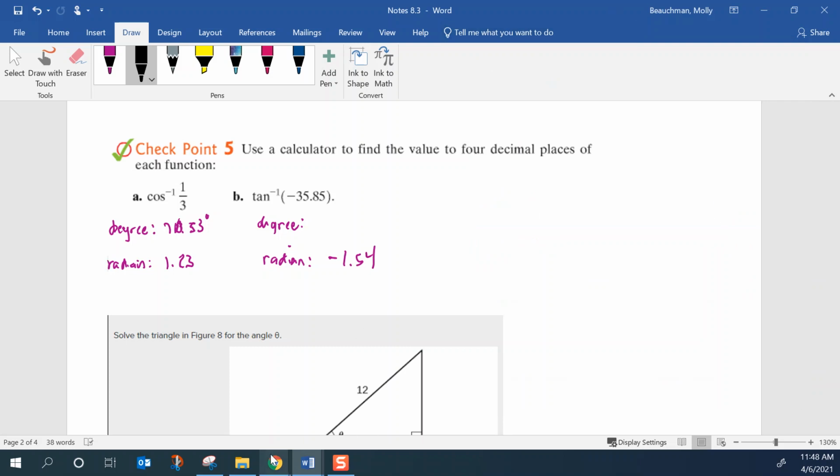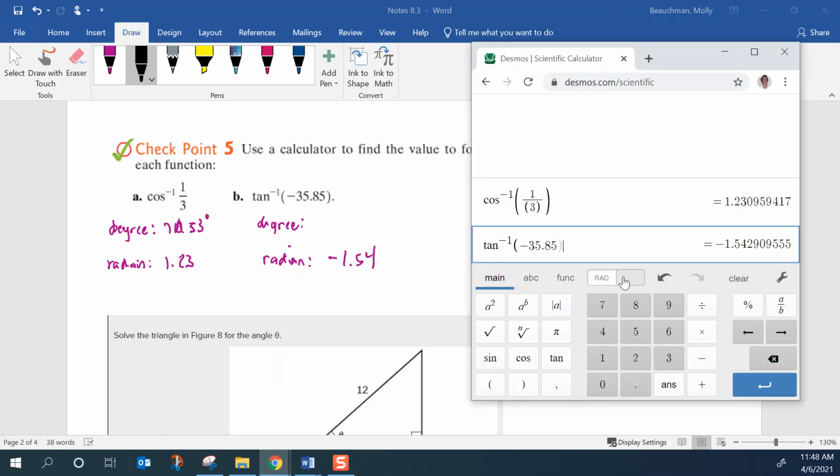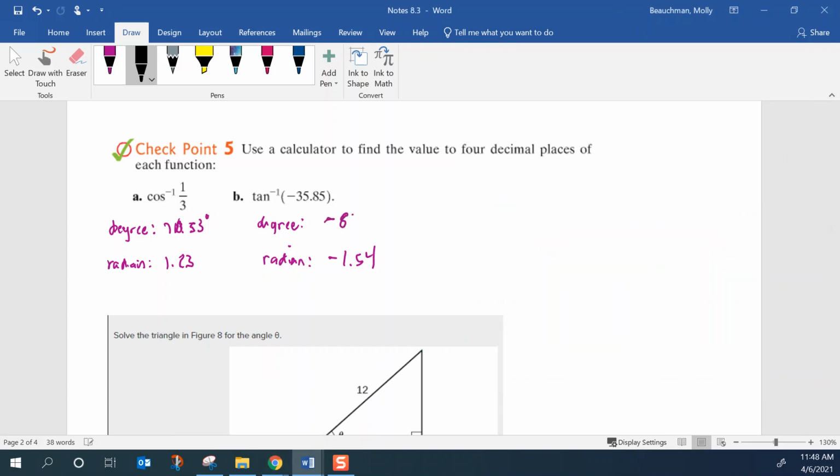Or if I want degree measure, make sure your calculator is in degrees, and that's about negative 88.4 degrees. Notice they're giving the inverse cosine and inverse tangent in degrees and radians in the correct domain, either from 0 to pi for cosine or from negative pi over 2 to pi over 2 for the tangent.